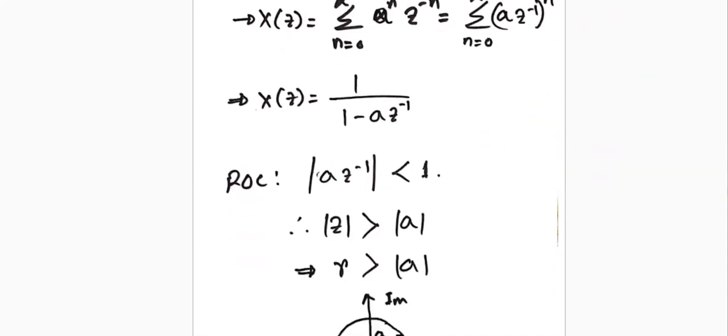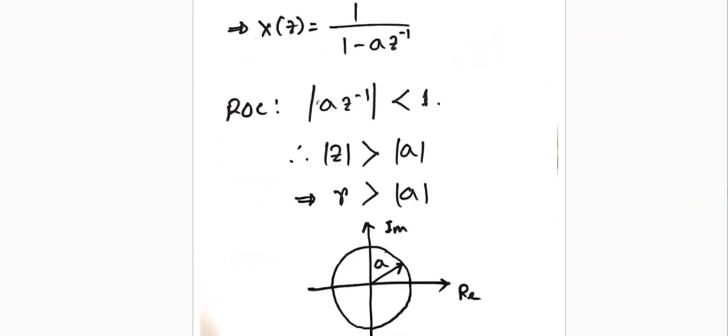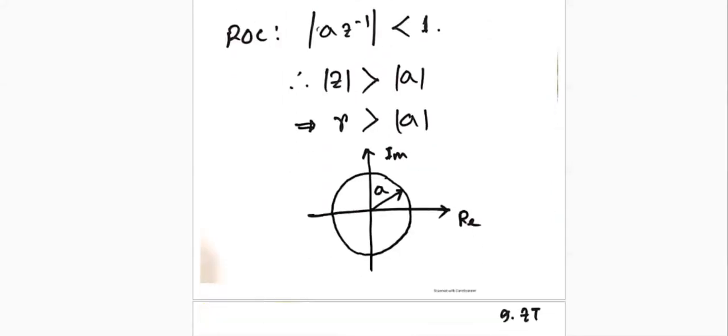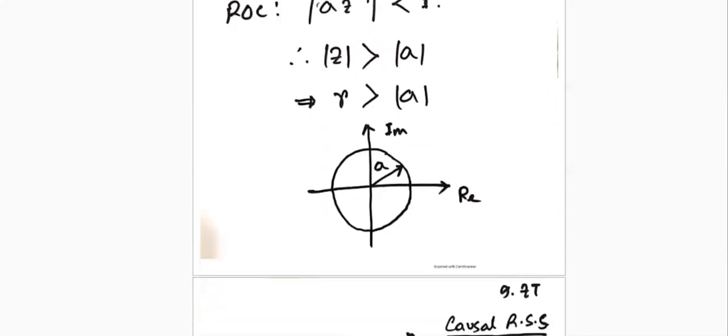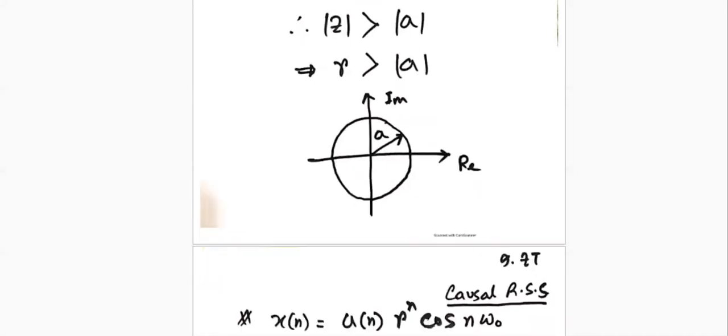And we have found the result like this. We need two things. As I have already mentioned in the last class, we need to express it in mathematical terms, number one, as well as we need to represent the ROC by the graphical representation. What is the ROC of this section?